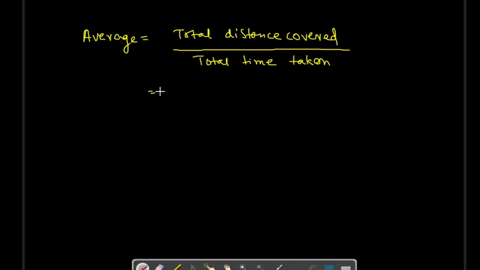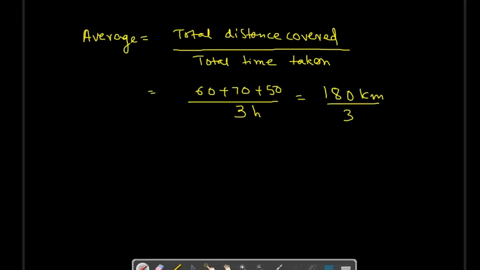So the total distance covered is 60 plus 70 plus 50, divided by the total time taken, which is 3 hours. 60 plus 70 plus 50 is equal to 180 kilometers in 3 hours. So your answer is the average speed is equal to 60 kilometers per hour. All right, so this is our answer.